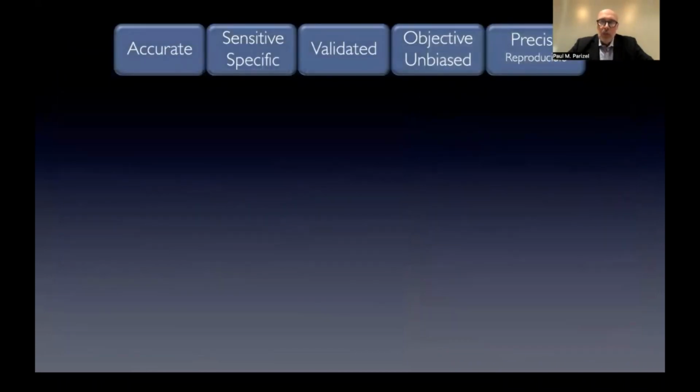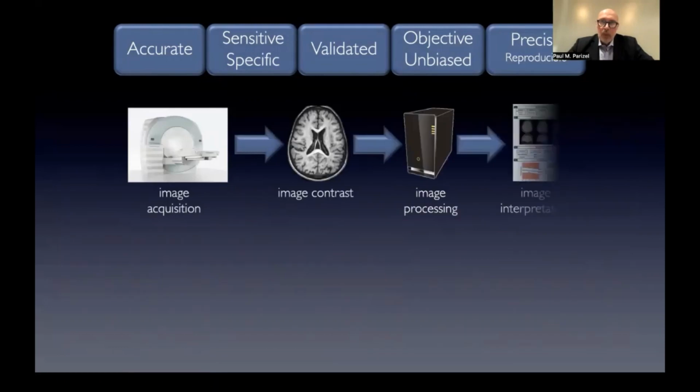In the imaging pathway, we theoretically want our imaging to be accurate, sensitive and specific, validated, objective, unbiased, and precise. And that pathway consists of image acquisition, image contrast setting, sequence, size, thickness, pitch, whatever, image processing, and image interpretation.